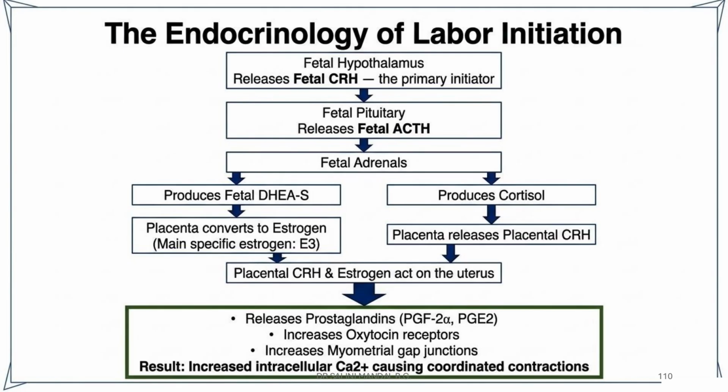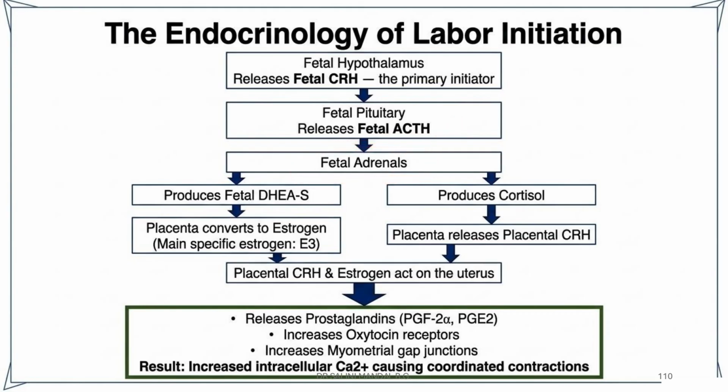So labor, a little bit of endocrinology of labor initiation. See, we know the fetal hypothalamus is there, right? Fetal hypothalamus is going to release corticotropin-releasing hormone. That is the primary initiator. Now the pituitary gland of the fetus is going to release fetal ACTH, which is going to act on the fetal adrenals.